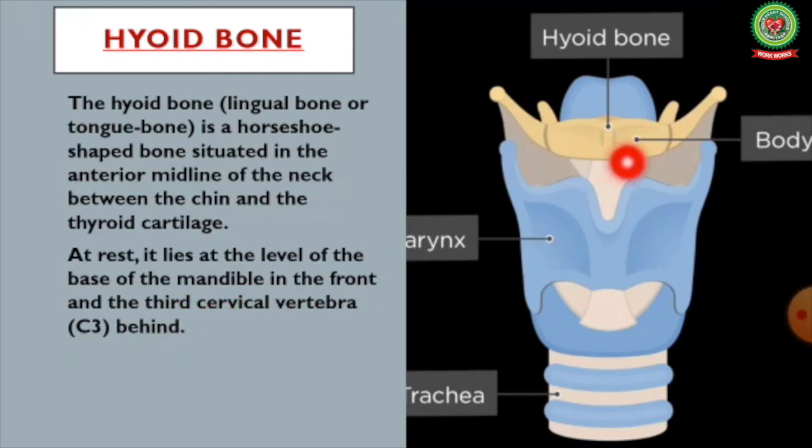The hyoid bone is classed as an irregular bone, having a central part known as the body and a pair of horns. These larger horns are the greater horns and these are the lesser horns.